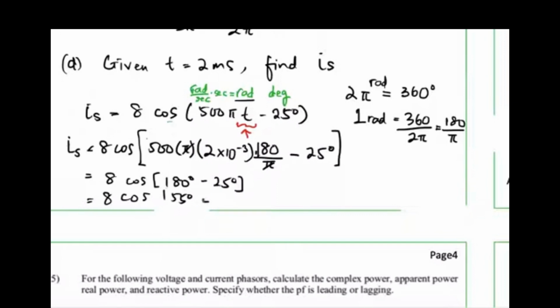Taking the cosine of that value and multiplying by 8 gives you negative 7.25 amps. Amps is the unit of this i. So this is the answer to your question. Okay, thank you.